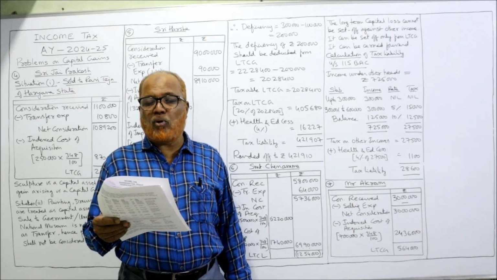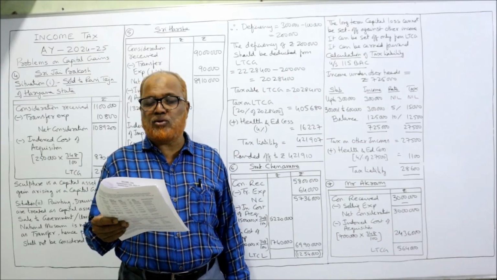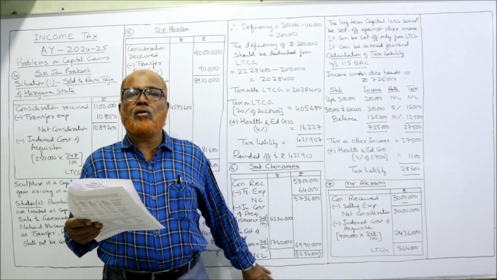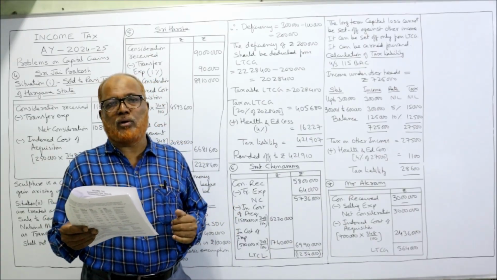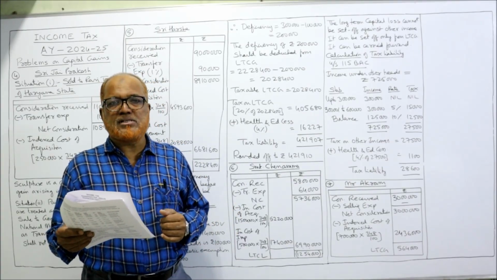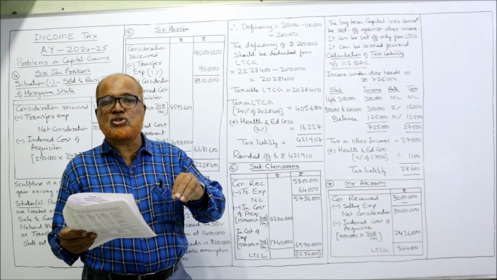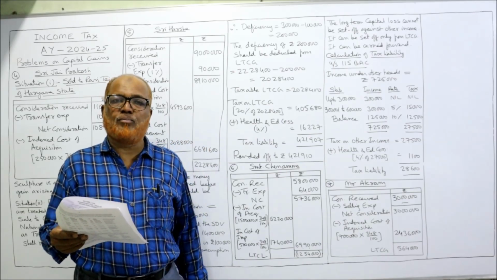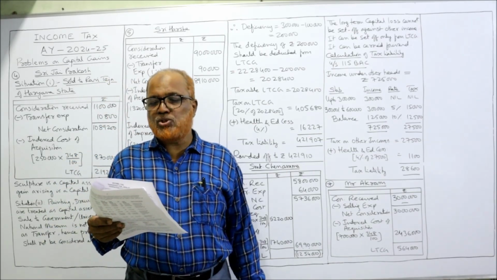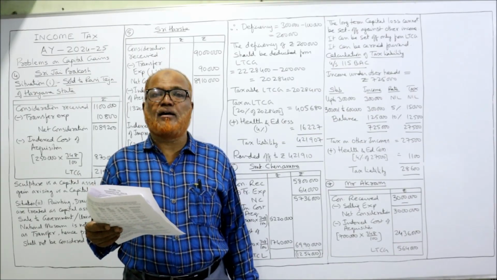He took a loan by mortgaging the ornament, 5 lakh, and interest due to the date of sale is 92,000. We are not concerned with mortgaging the gold and taking the loan. So this point, mortgaging ornaments and interest due, should be ignored while calculating long-term capital gain. And it is sold during the previous year for 30 lakh.